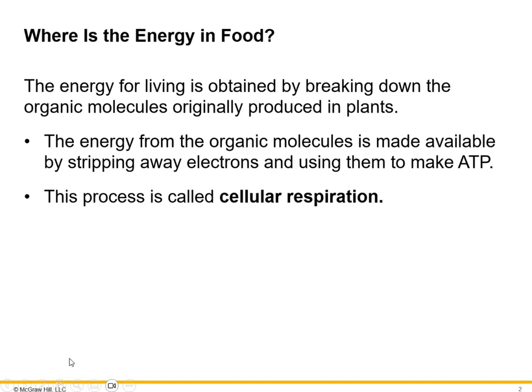And the energy from those organic molecules is made available to us by stripping away the electrons and using them to make ATP, our energy molecule, adenosine triphosphate. This whole process that we're talking about is called cellular respiration. So whenever you hear cellular respiration, think to yourself, using glucose to make energy.